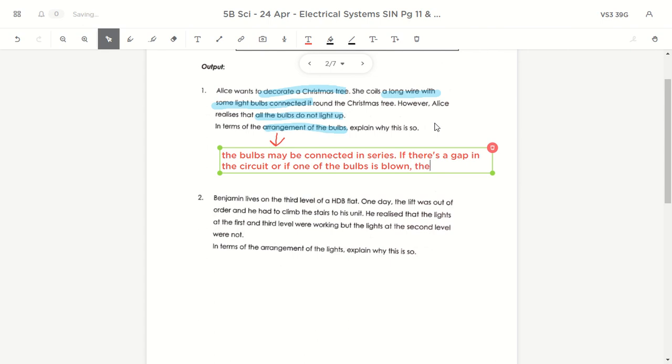To write it better, because I mentioned the gap in the circuit already, so it leaves an open circuit where electric current cannot flow through.